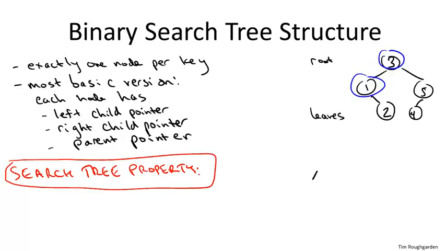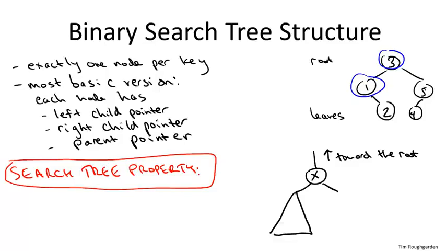So if we have some node whose stored key value is x, and this is somewhere, say deep in the middle of the tree, so upward we think of as being toward the root. And then if we think about all the nodes that are reachable after following the left child pointer from x, that's the left subtree.